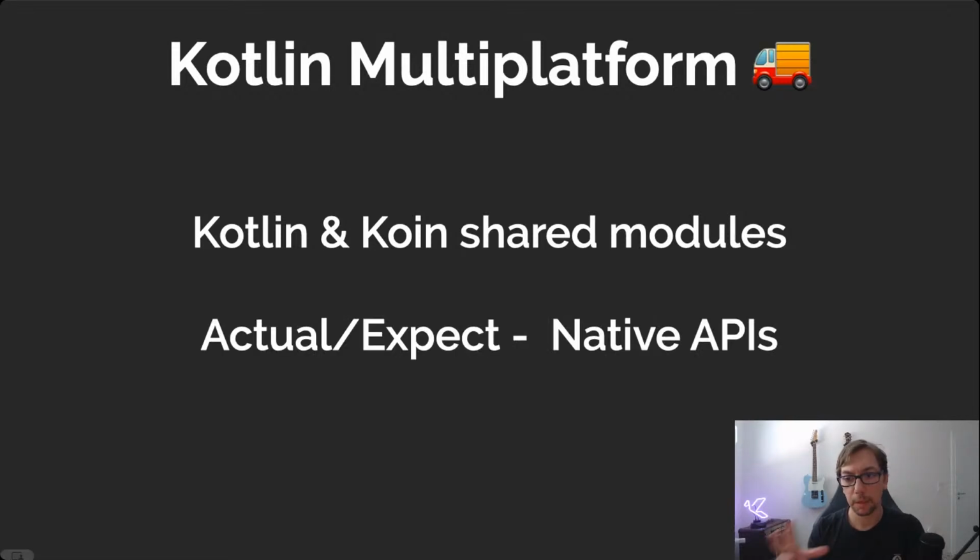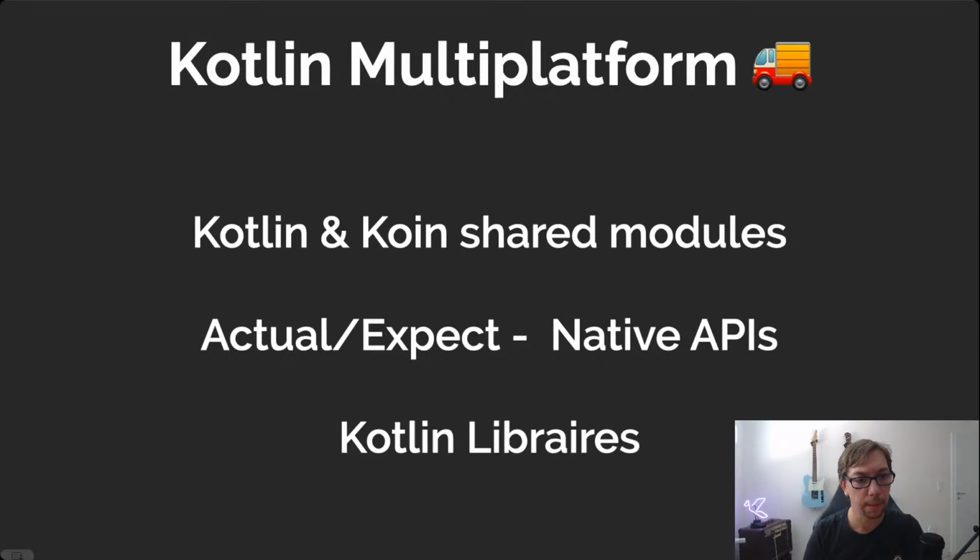Apart from that, perhaps some parts of your modules will need native integration and native APIs. You can do that. That means part of your modules will use the expect mechanism of Kotlin Multiplatform. We will see that. Also be sure that you choose the right Kotlin libraries that are already KMP ready.